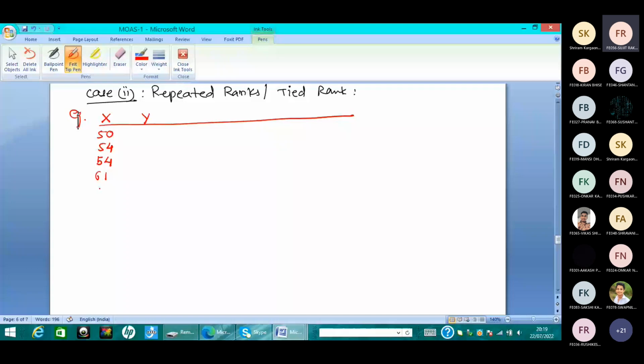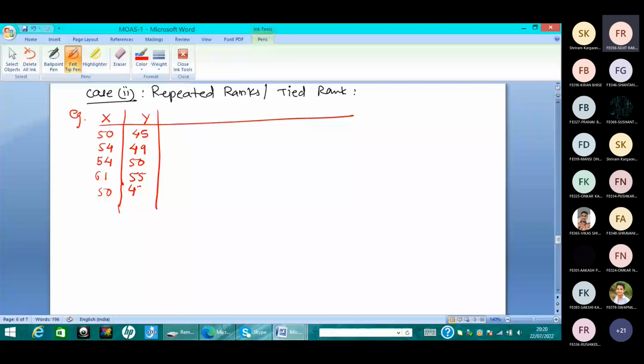I'm taking a small data. No matter how big it is, the important thing is how well you understand it. Another data I am taking here: 45, 49, 50, 55, and again one of the values repeats over here also. So this is the data.